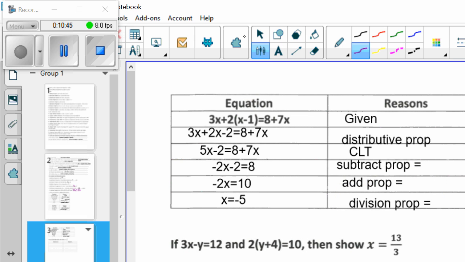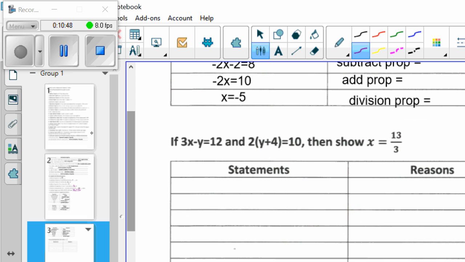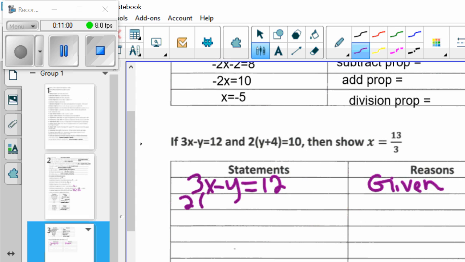All right, so the very first thing, this first statement, we need to write what they give to me. So they give me 3x minus y equals 12, given. They also give me 2 parentheses y plus 4 equals 10, given.